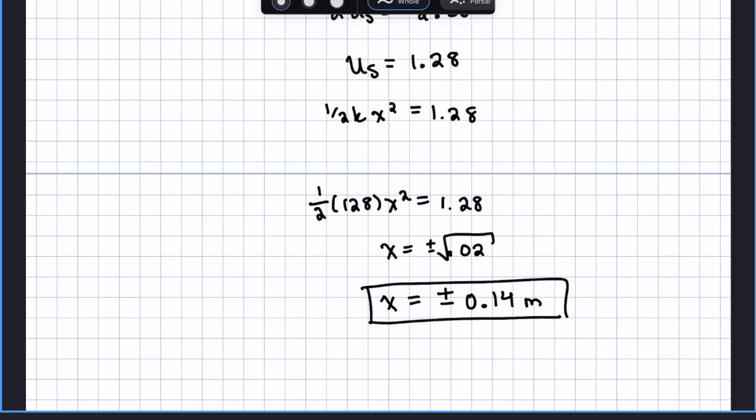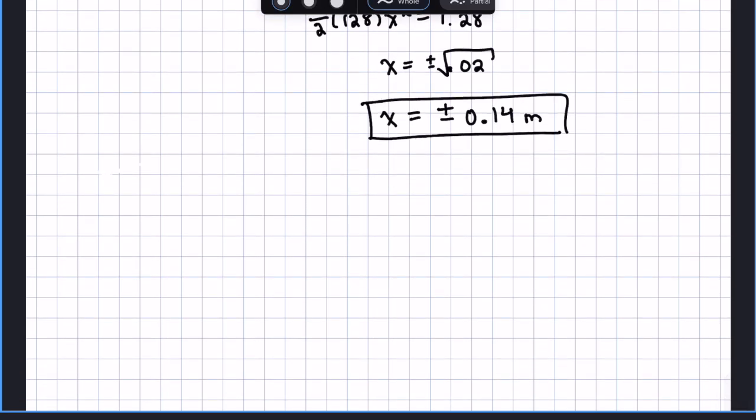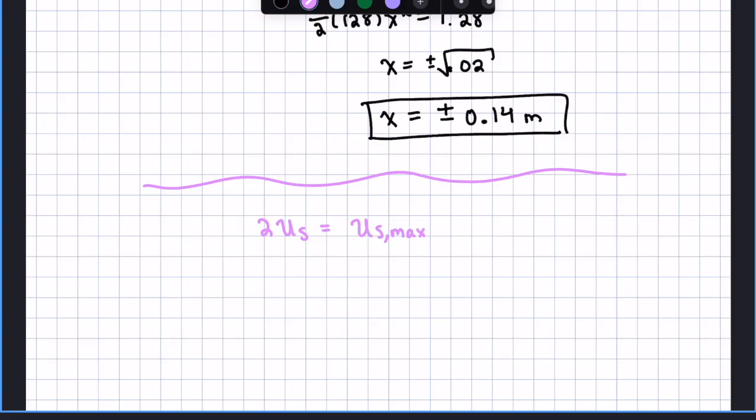Yes? Yeah, basically if I had set this up generally, that comes out. I'll do it in a different color so we know that we're doing something separate here. If I started from saying 2 times our potential energy at the x we're looking for is equal to our maximum, then I could put in 1/2 k x squared, 1/2 k xm squared, and the 1/2s and the k's go away.